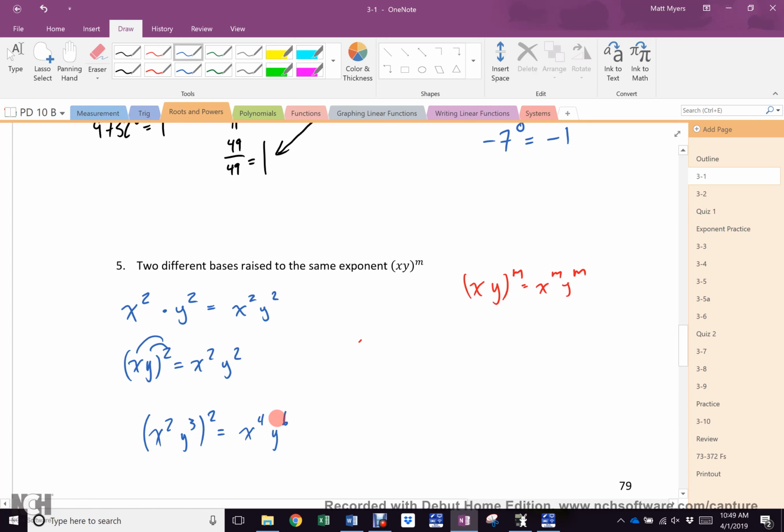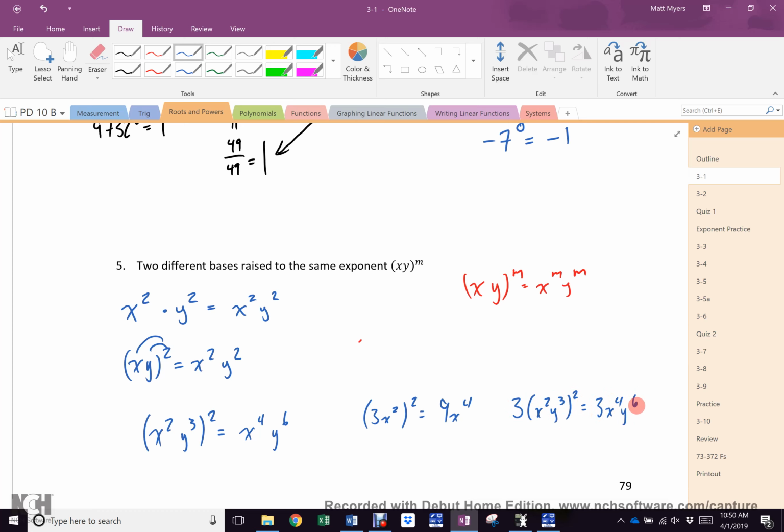Okay, what would this one be? (3x squared) squared. 9x to the 4th, because that 3 is part of the base. Everyone cool? Okay, what about this one? What's that one? Is everybody good? Yeah?